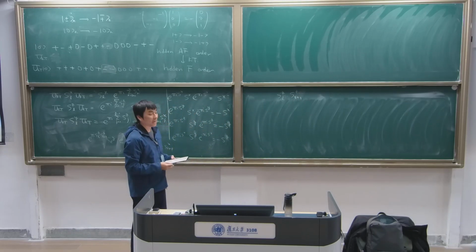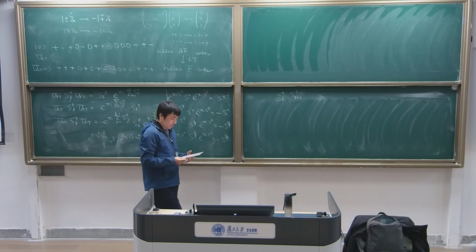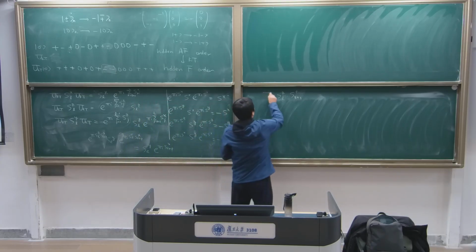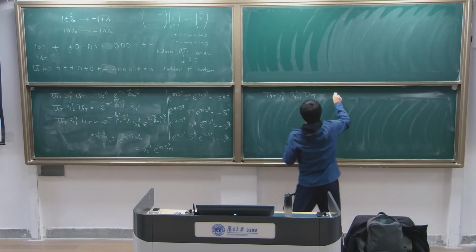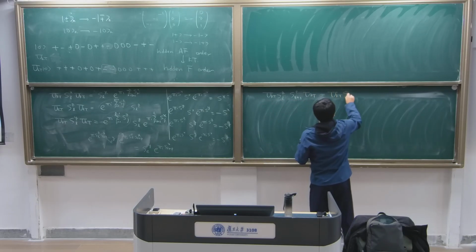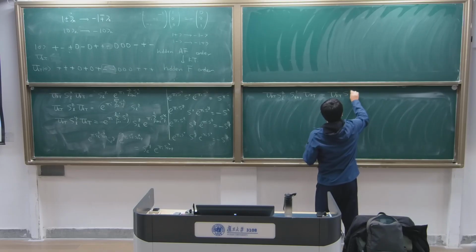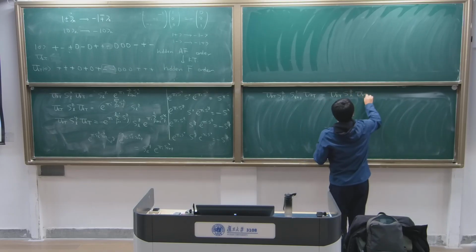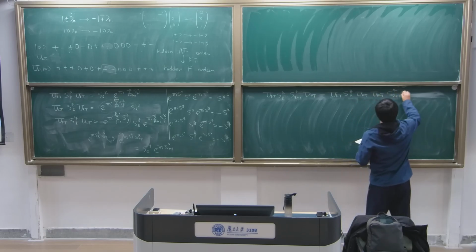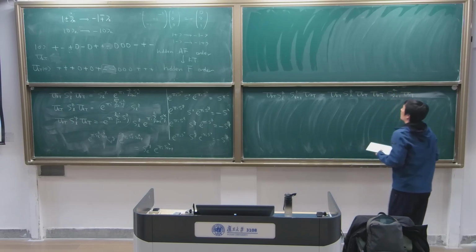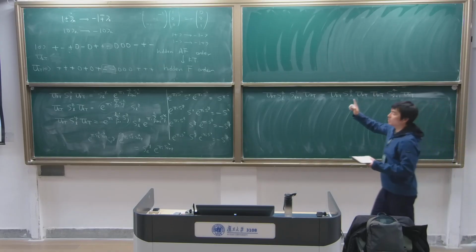This is the Heisenberg Hamiltonian, and you just apply UKT. This is UKT S^y_L UKT UKT S^y_{L+1} UKT. Apply this rule.